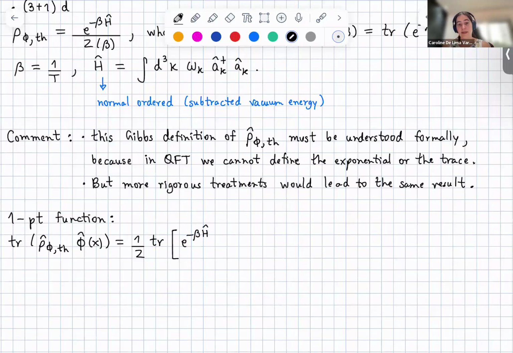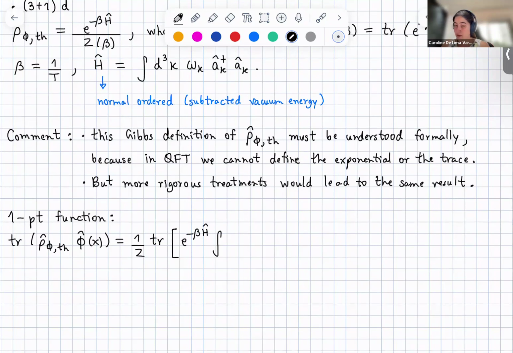I'm going to expand phi in terms of the Minkowski vacuum modes. So I will write this as I've done a few times by now, the annihilation operator plus the creation operator. All right, so we want to compute that.